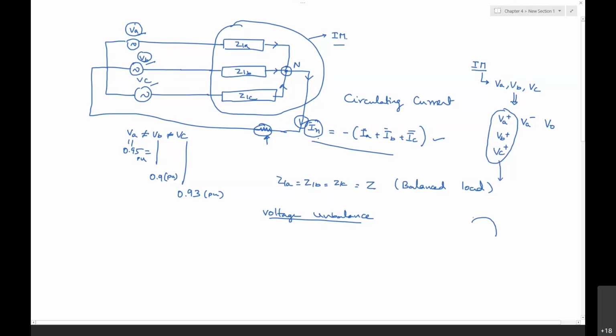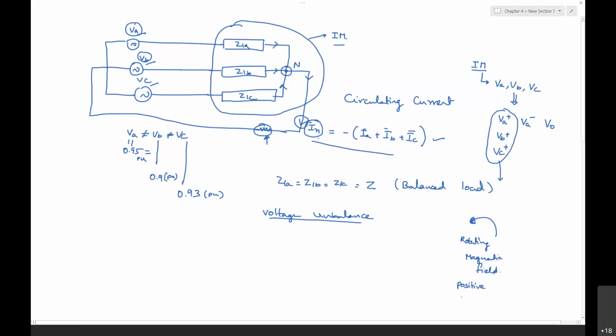If the voltages are moving in this direction, the VA voltage, then the VB voltage, the rotating magnetic field is going to flow in this direction. This is the rotating magnetic field with respect to the positive sequence voltages.